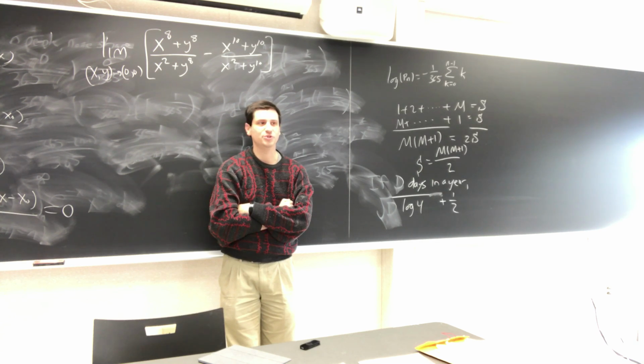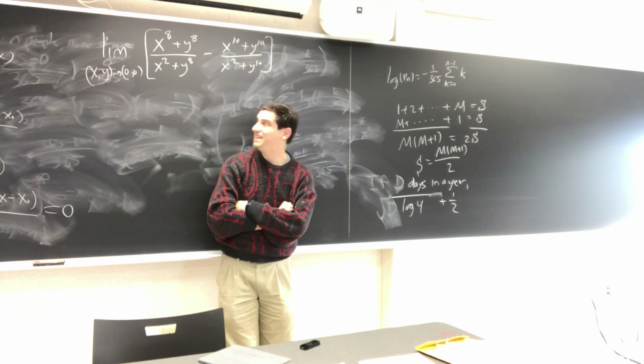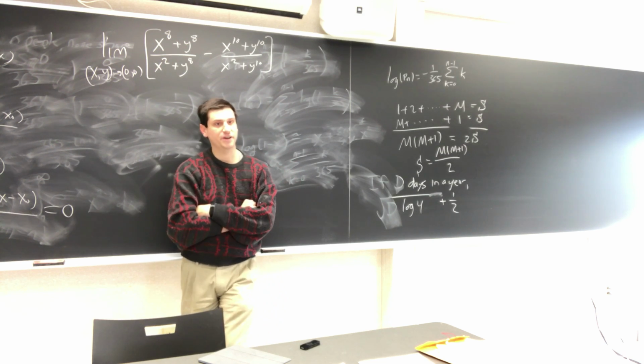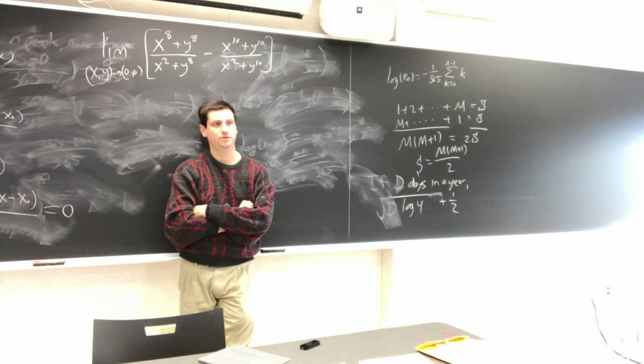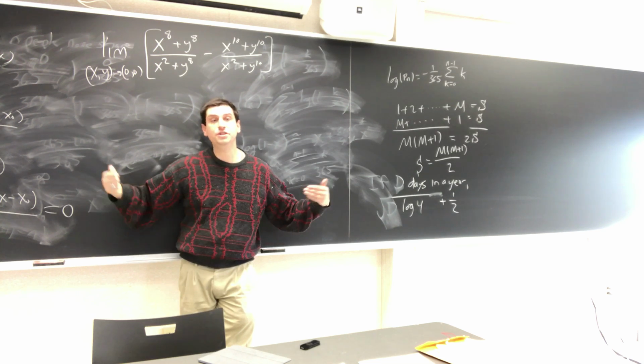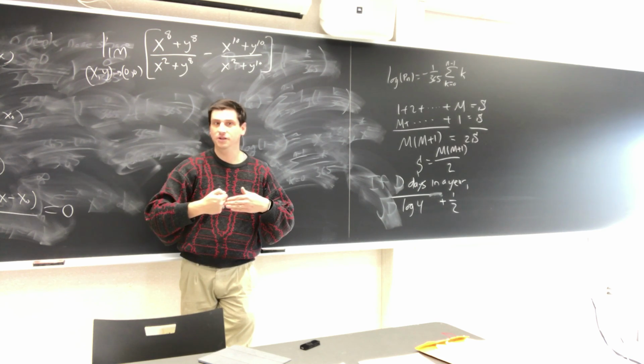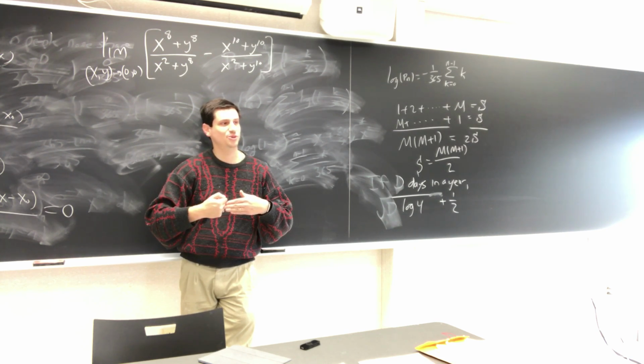What's your Pavlovian response when I give you a limit question? Well, we can't just plug in (0, 0). Yes? You plug in 0 for y. So the first thing is let's approach along the x-axis.